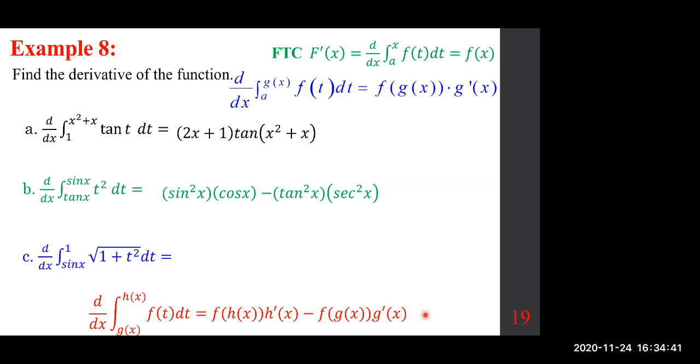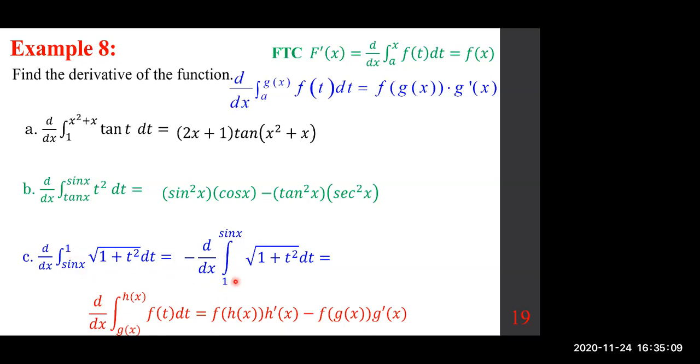One more example. What if the bottom is a function and the top is a number? Remember when we went over the proof of that, we just flip them over and we give them a negative sign. So again, it's the same thing, but pay attention to this negative sign because we are interchanging the lower and upper limits. 1, which was the upper limit, now is the lower limit.